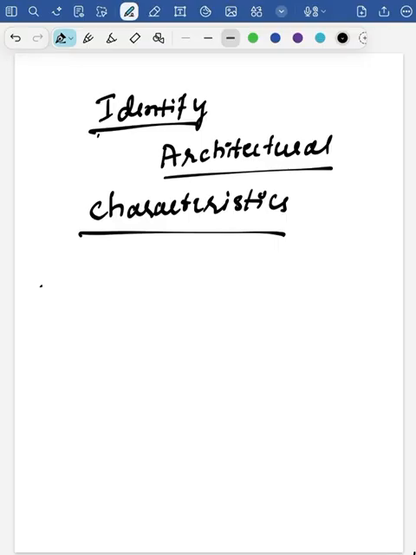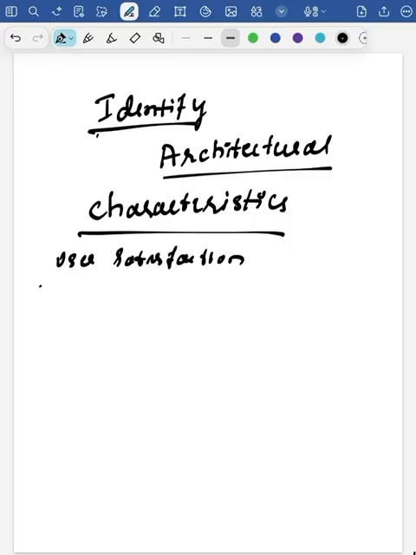Example, when we say user satisfaction, right? User satisfaction can be mapped to performance, right? The better the system is performing, the more satisfied the user will be. Availability.